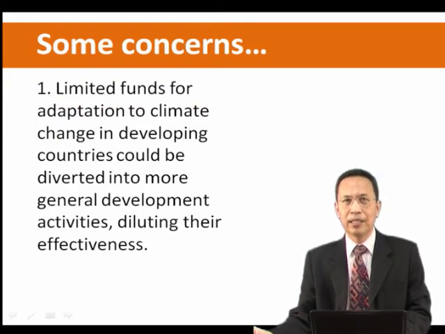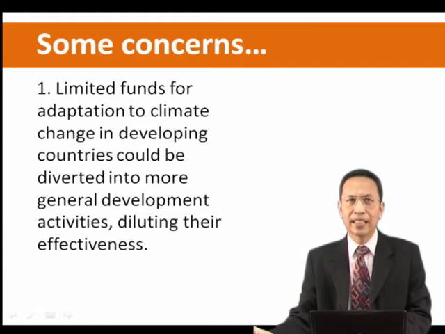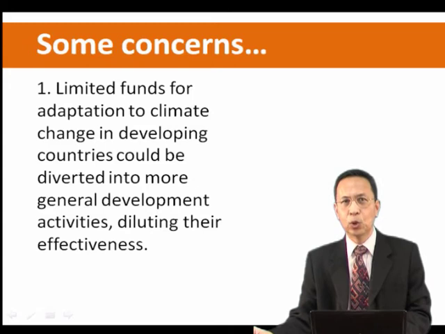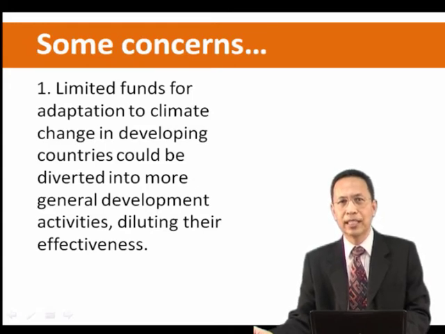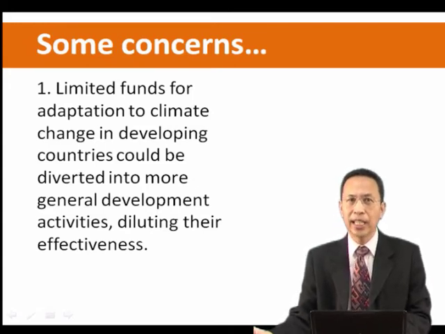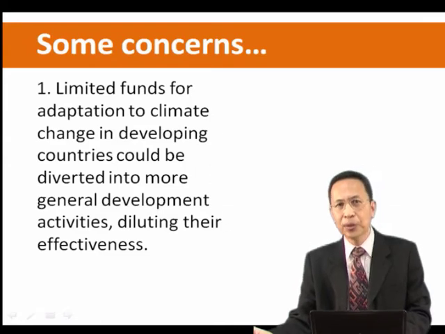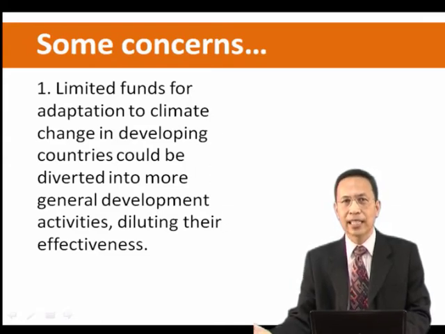However, some people have expressed concerns about mainstreaming. Number one, they said that limited funds for adaptation to climate change in developing countries could be diverted into more general development activities, diluting their effectiveness as far as climate change adaptation is concerned.